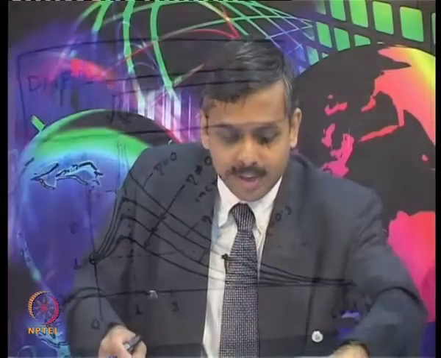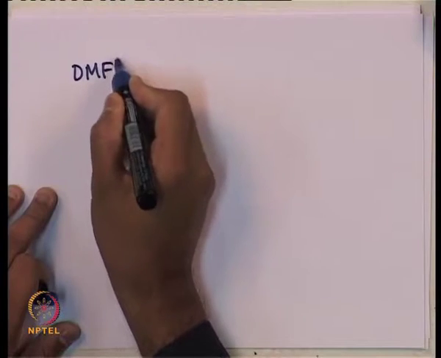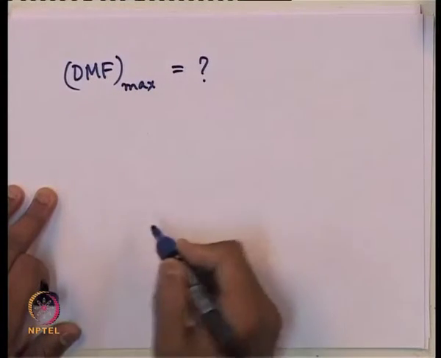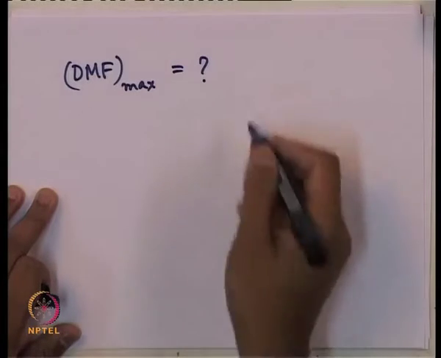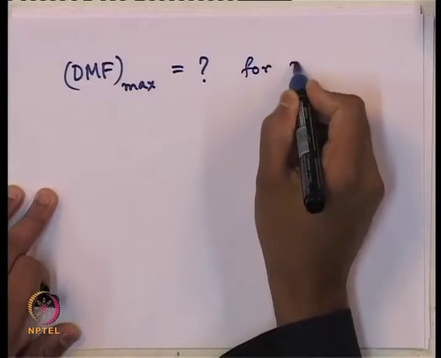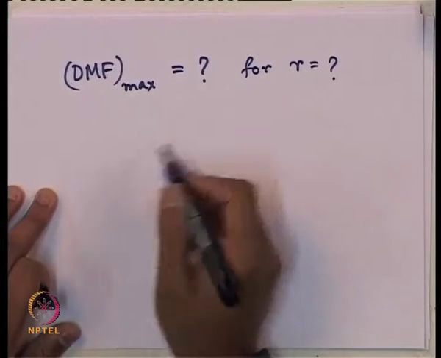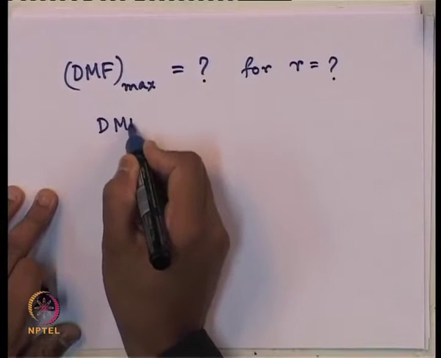We will derive it. We want to know where the dynamic magnification factor is maximum. So, we want to find DMF max, that is, for what value of r that maximum DMF occurs. What is the expression for DMF?